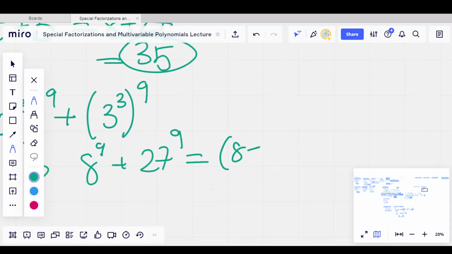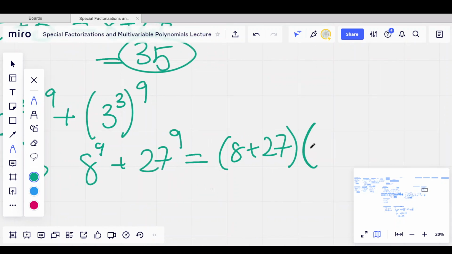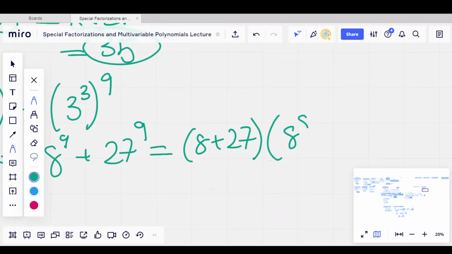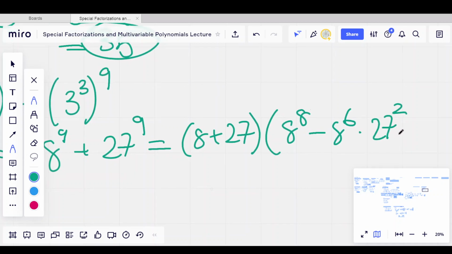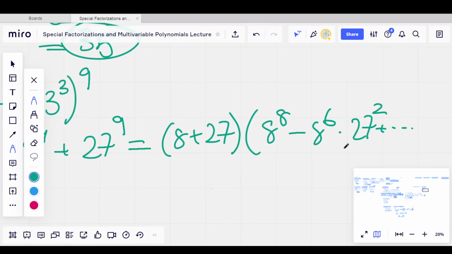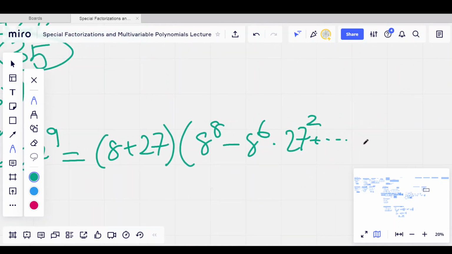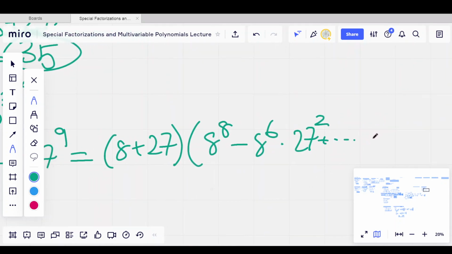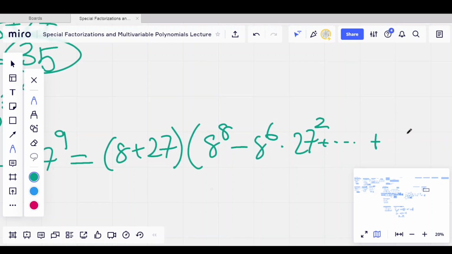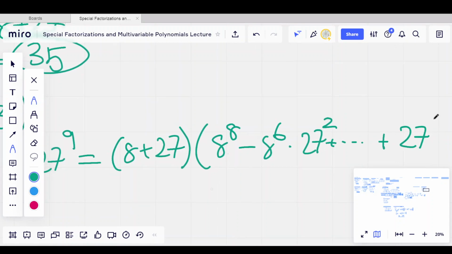So 8 plus 27 times 8 to the 8 minus 8 to the 6th times 27 squared, and then all of that stuff. And then finally we have plus 27 to the 8th.